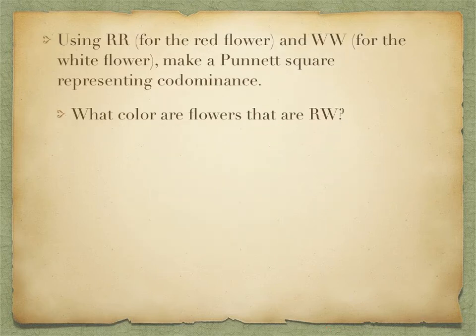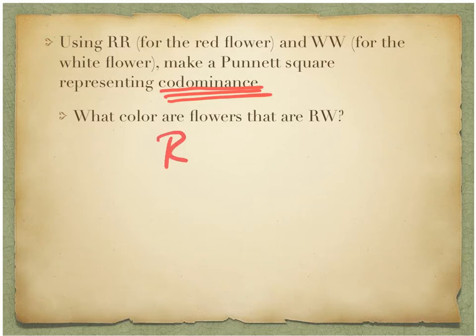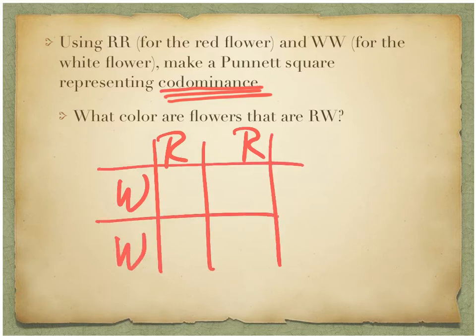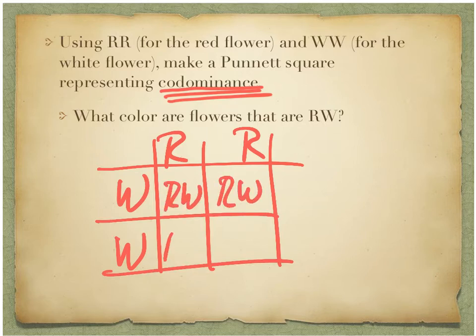In this example, again, crossing red flowers and white flowers, we're going to make a Punnett square, but this time the pattern of inheritance is codominance. Now remember, codominance, both alleles will get expressed equally. They're equally dominant. So for this, where we have capital R for the red flower and capital W for the white flower, when we do our cross, you're going to notice all of the offspring will have one red and one white allele that will both get equally expressed.